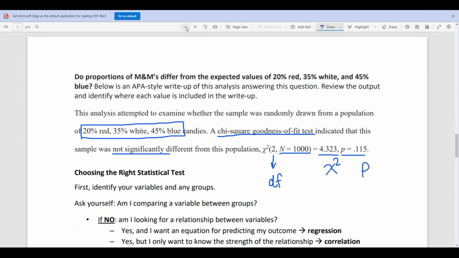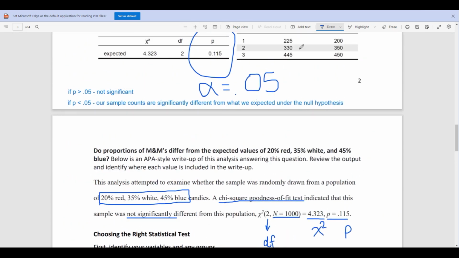So these ones are coming from here. Our degrees of freedom gets plugged in here. The chi-square value gets plugged in after the equal sign.